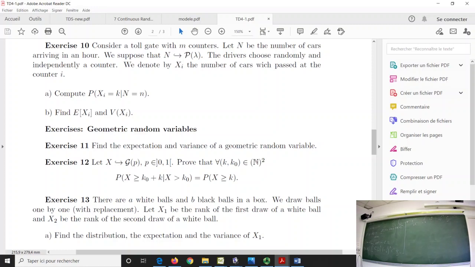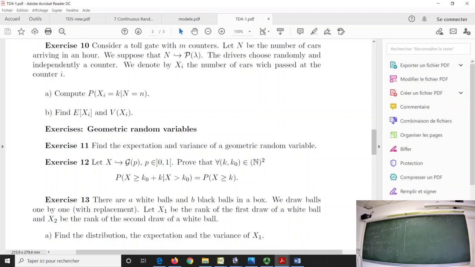So what can I do now? Keep in mind that I have C n k here, but it's an infinite sum, so it won't be possible for me to use the formula (a plus b) to the power n, because I have an infinite sum. But I see that I have here n factorial and I have my C n k here.